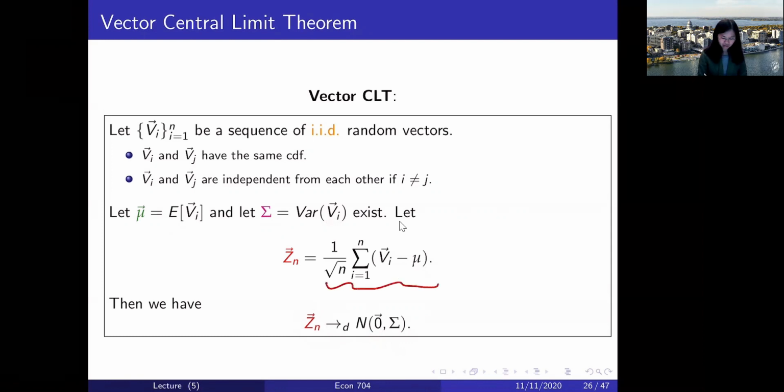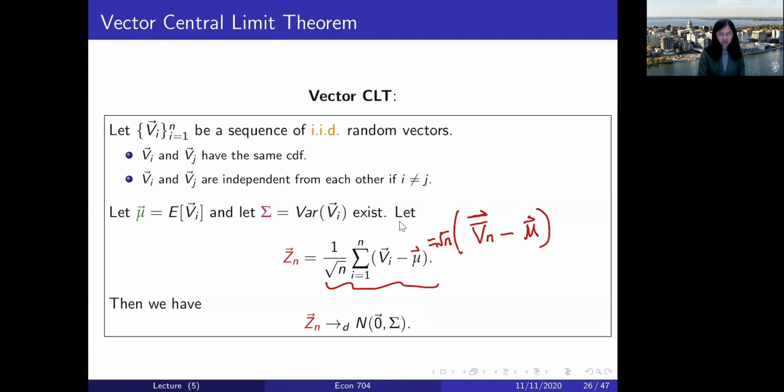Okay, so that sometimes may also be written as the sample mean of the vector, or maybe we should write Vn bar vector, minus the mu vector.